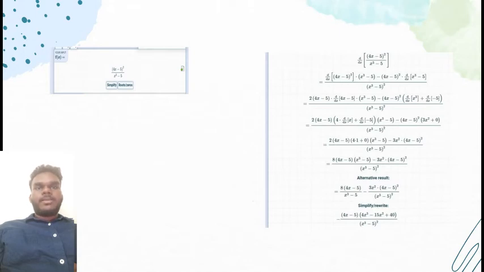Times (x power of 3 minus 5) minus (4x minus 5) power of 2. So in the big bracket, we must put the question into brackets: d over dx of x power of 3 plus d over dx of minus 5, divided by (x power of 3 minus 5) power of 2.